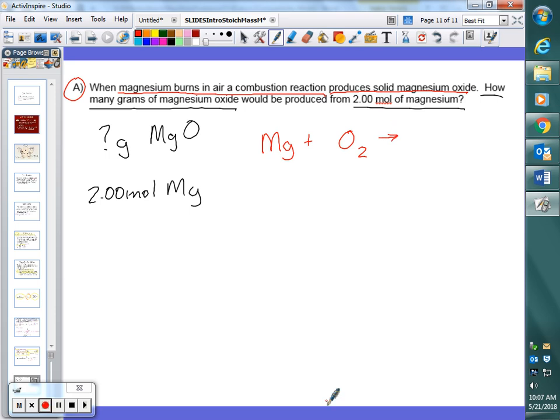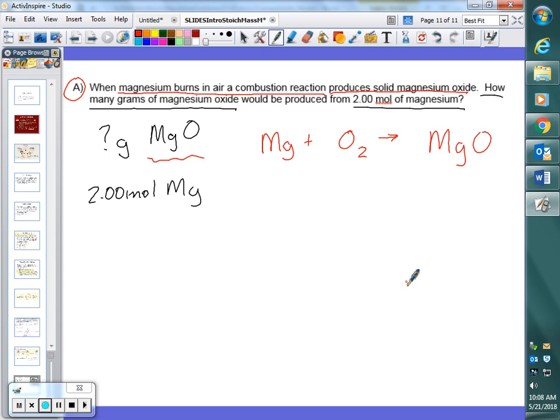So if it's producing solid magnesium oxide, we're going to put the arrow in to separate the reactants and the products. And I just told you that magnesium oxide has a formula of MgO. So there's the equation that represents the combustion of magnesium to produce magnesium oxide.